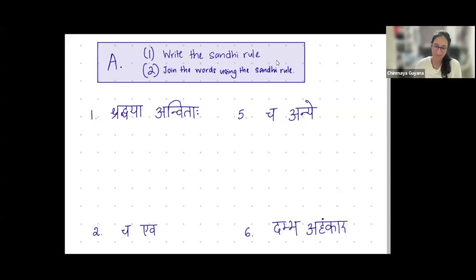First sandhi rule: a or A plus a or A equals A. And so according to that rule, you're going to get Shraddhayan vitaha.